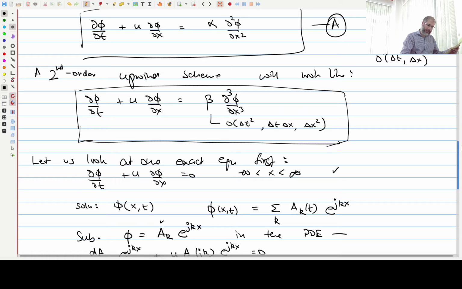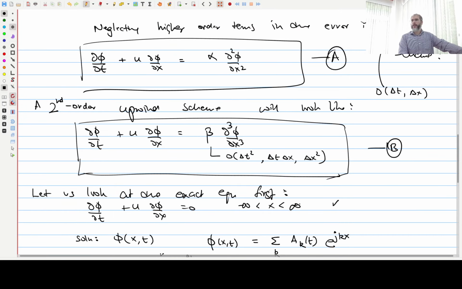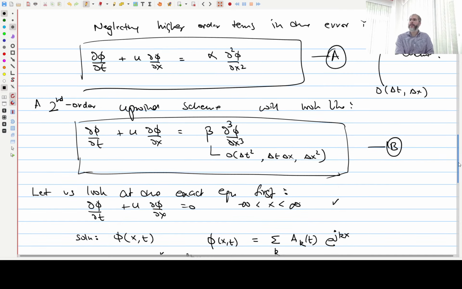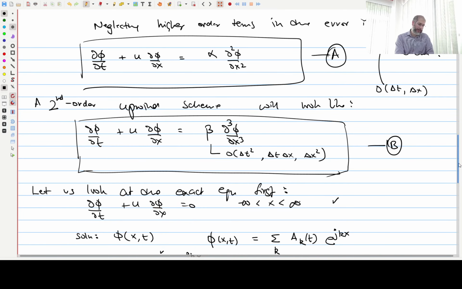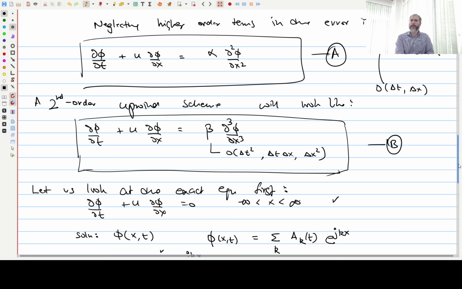The first equation is A, and this is B. So the modified equation with only the leading error term for the first order upwind scheme is equation number A. And the one which was for second order upwind, which has the leading error term as phi xxx, is equation number B. So we are doing the analysis for equation number A.